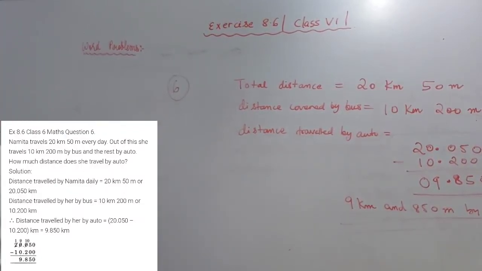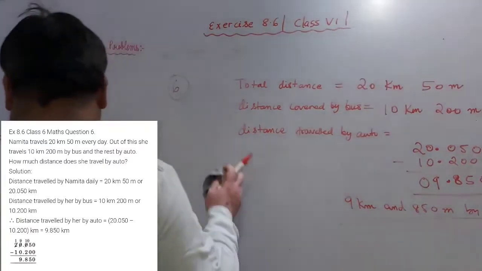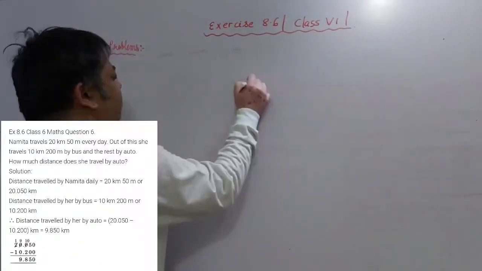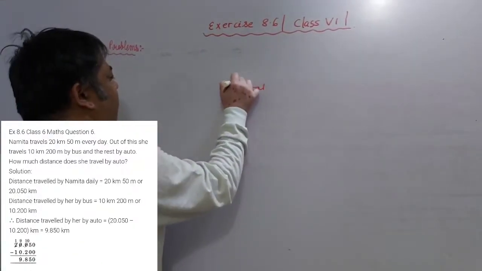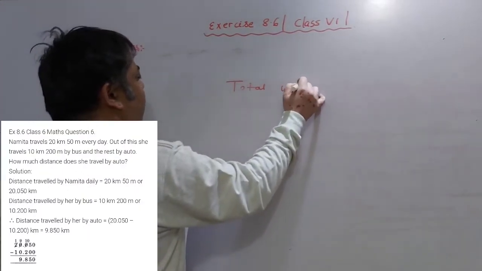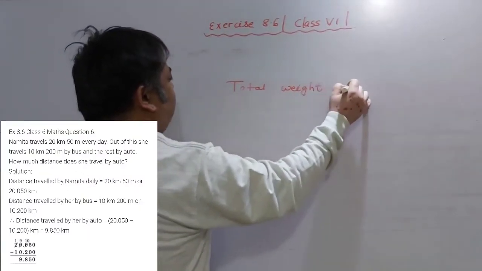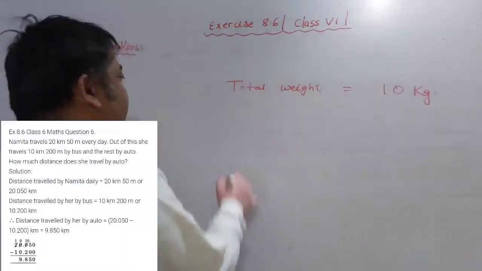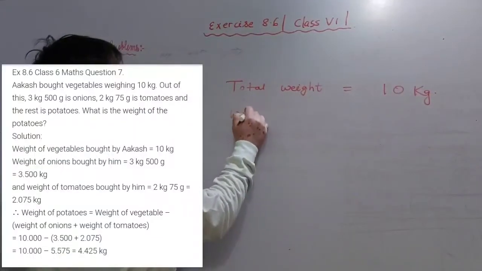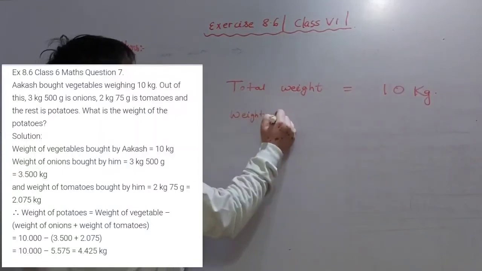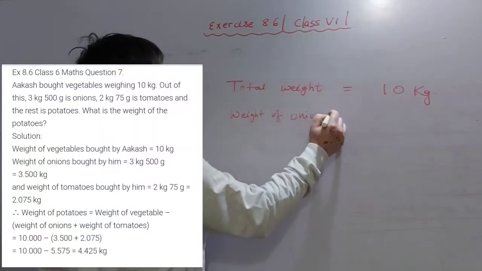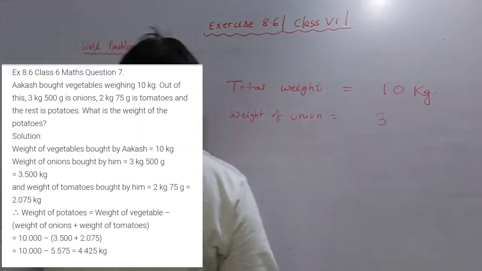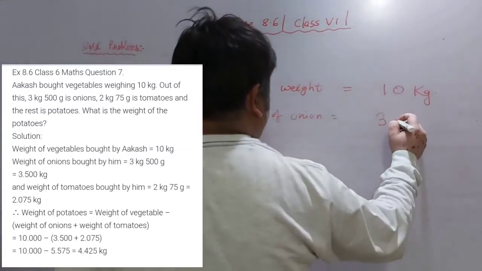Now we'll see question number 7. Total weight is equal to 10 kg. Weight of onion is 3 kg 500 gram.